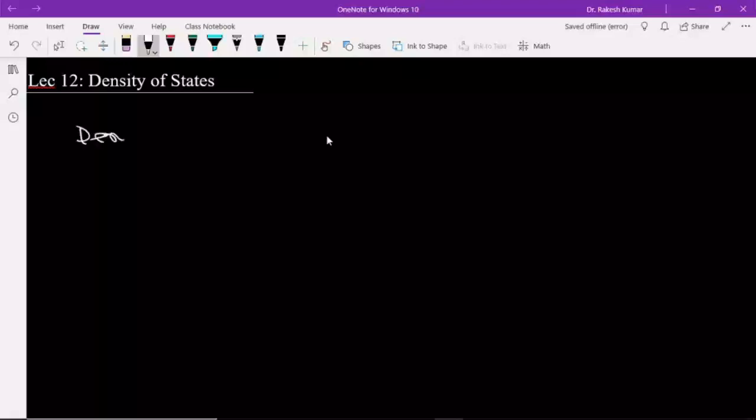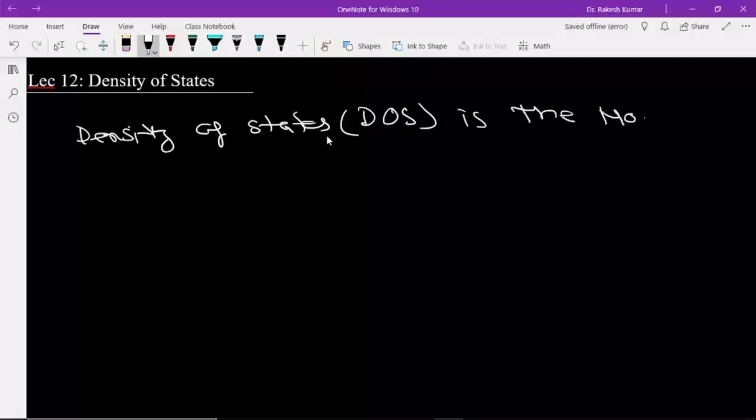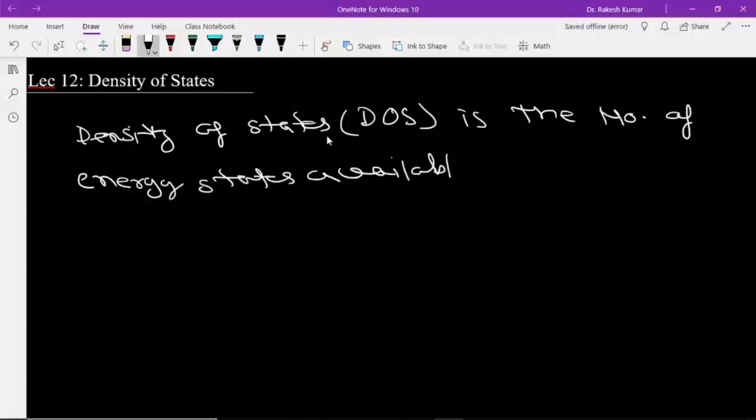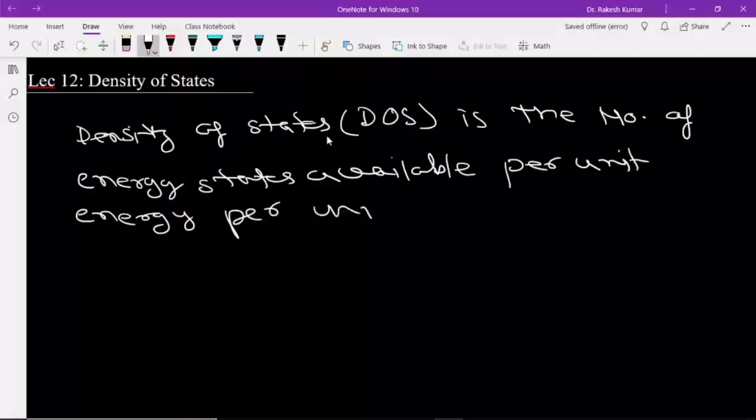So, density of states, or in short, DOS, is the number of energy states available per unit energy per unit volume.